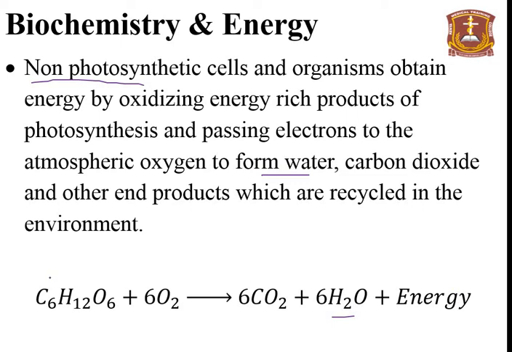The starting compounds include energy-rich substances like what we have here, and the end products, which are recycled in the environment, are also part of what is produced in this process. This is a basic process of energy production in living organisms that needs to be appreciated.